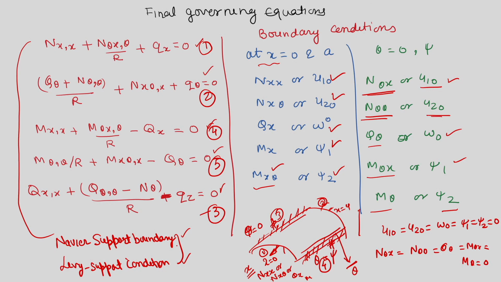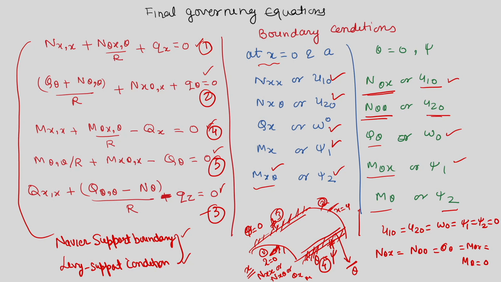If you are interested in solving a problem in which one edge is clamped and another edge simply supported, this edge is free and this has some point support, then we cannot get the analytical or closed form solution. Even for the approximate solution, meaning the solution obtained through the Ritz technique or Galerkin technique, where all edges are clamped or two edges are clamped and two edges are free, the boundary conditions have to be placed in such a way that we can get some solution.